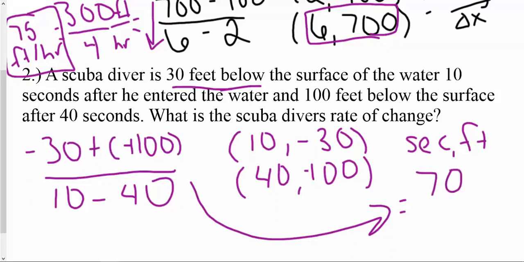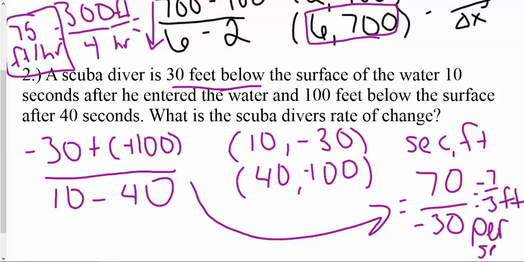So this is 70 over negative 30, meaning that we can simplify this down to negative 7/3 feet per second. Negative 7/3 feet per second. And that's our final answer. Okay, so roughly each second we're going down about 2 1/3 feet.